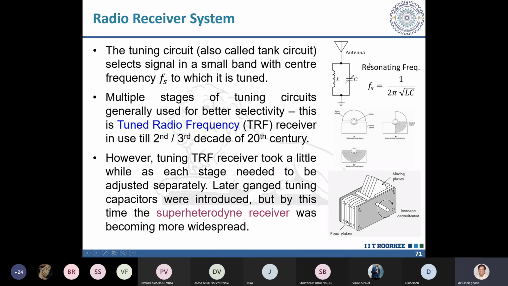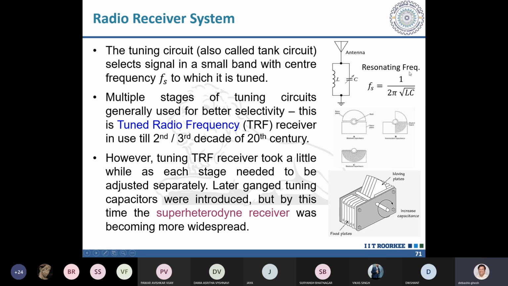For all other frequencies, for all other channel frequencies, this LC will act as a short circuit. So all other signals from all other channels will go to the ground, short circuit. You cannot receive them. Okay.